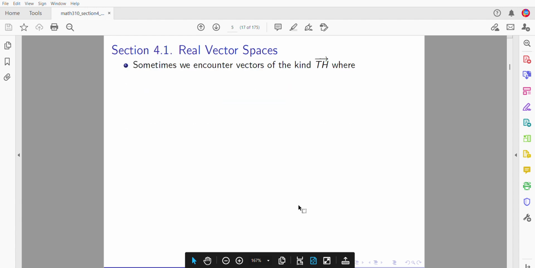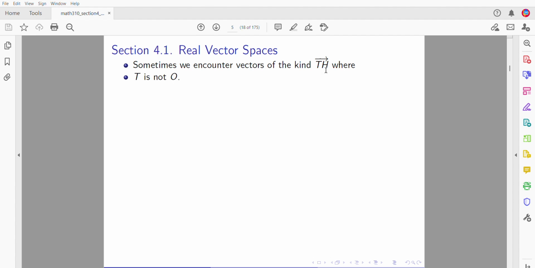Sometimes we encounter vectors of the kind TH, T for tail, H for head, a vector with tail T and head H, where the tail is not the origin. What happens then?